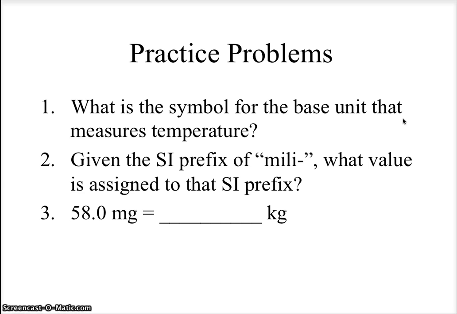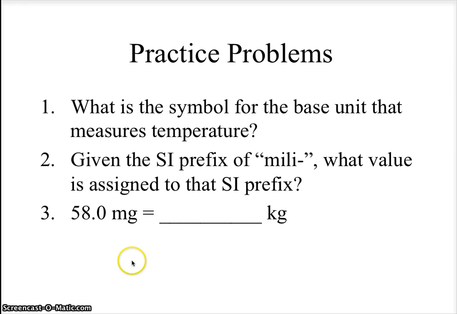58.0 milligrams is equal to some value in kilograms. This equal sign means that the value on the left is going to be equal to the value on the right.